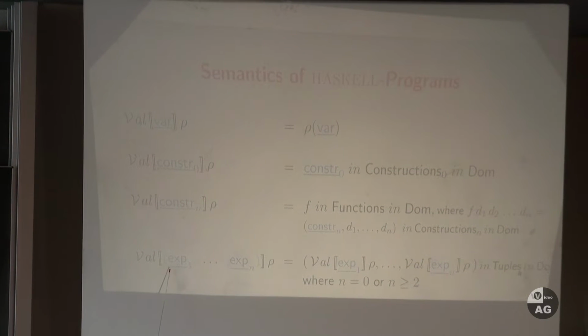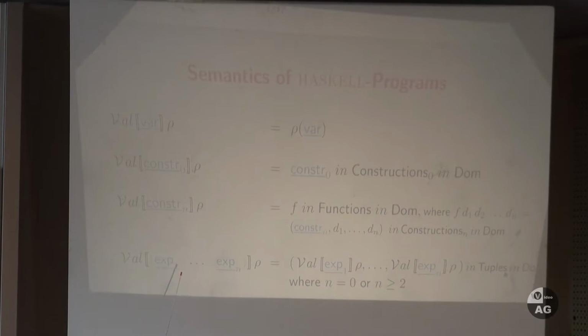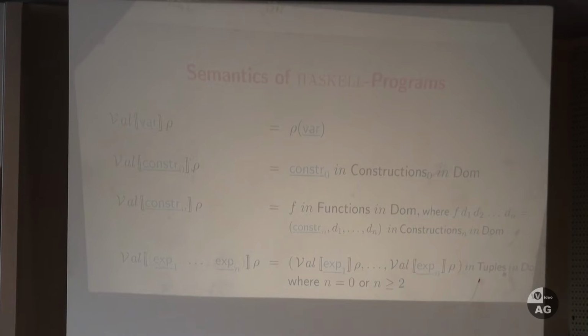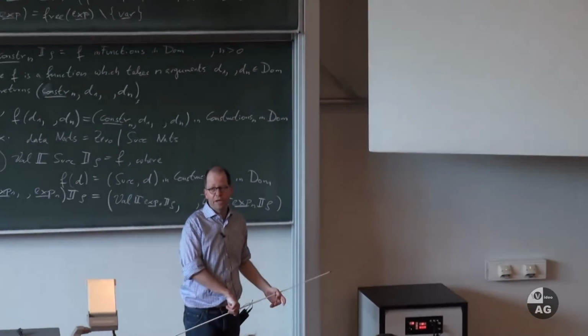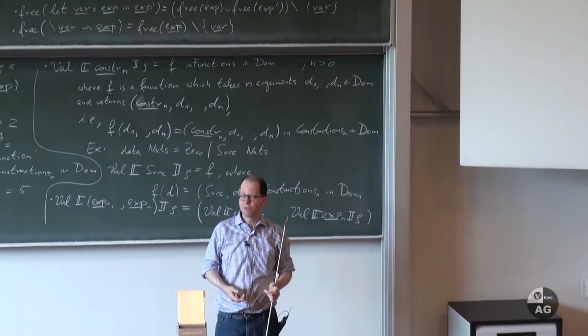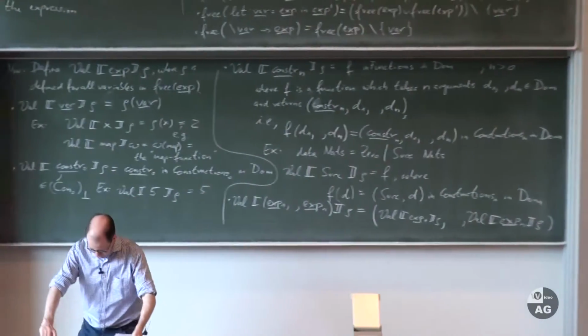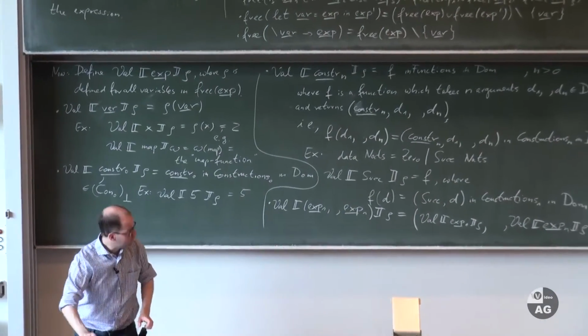So if I write something like this and I have either 0 components or at least 2 components, then this is defined to be the tuple of these values in the subdomain Tuples n in DOM. Tuples n is the subdomain for tuples with n components. We don't do this for tuples with just one single component. And why? Because the semantics of tuples with one component in Haskell is the same as the component itself. I mean, this is how the semantics of the language is defined.